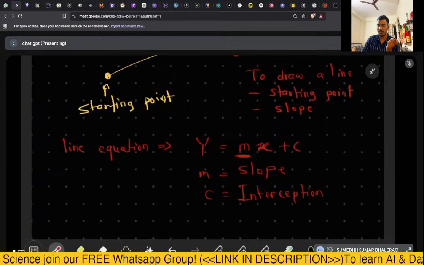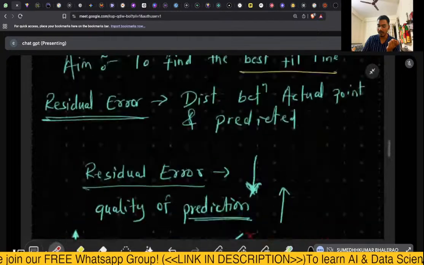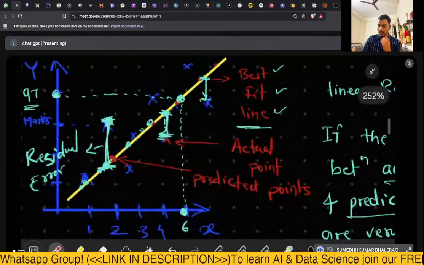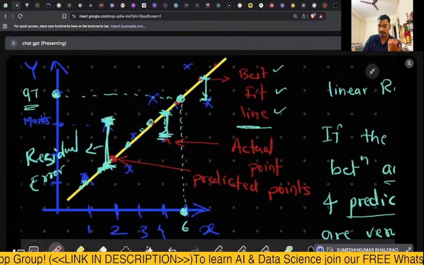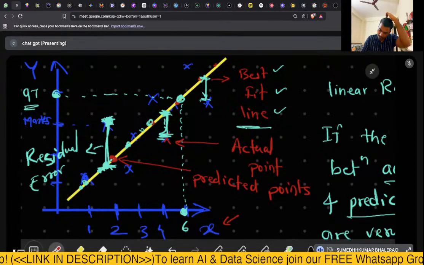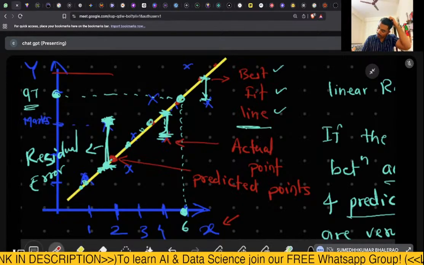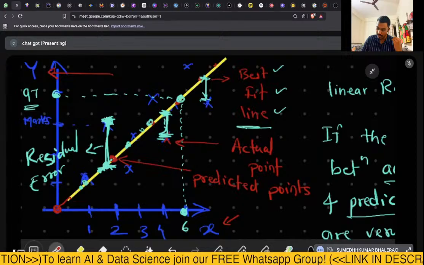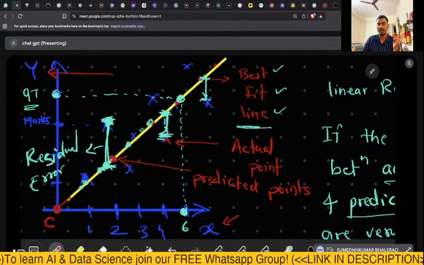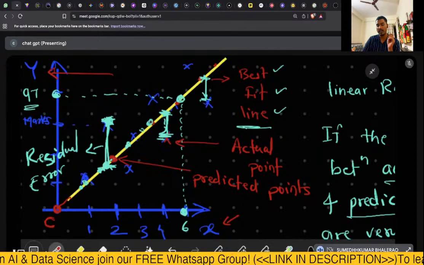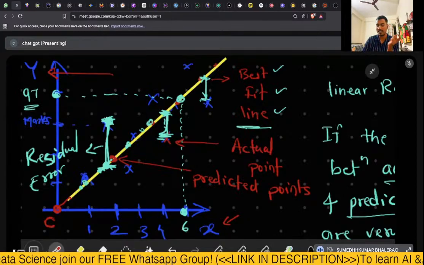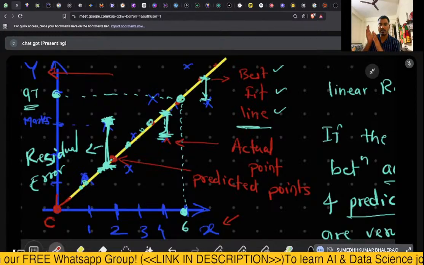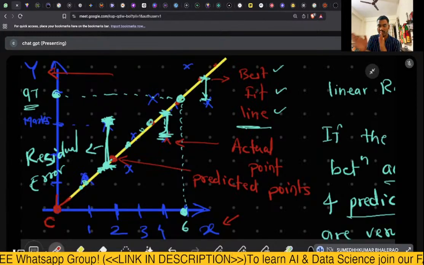Meaning if we come here and talk about this chart, this is my x, we already know. This is my y. This is my c. C meaning interception at x or y axis, basically interception at y axis only, where my line is intercepting on my y axis.